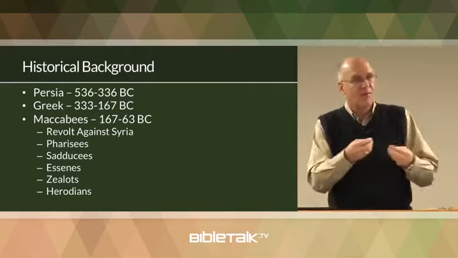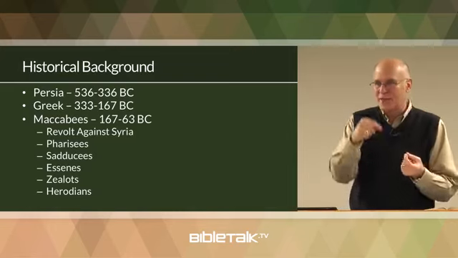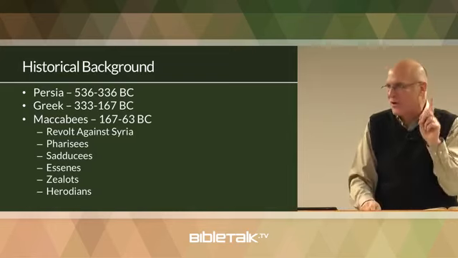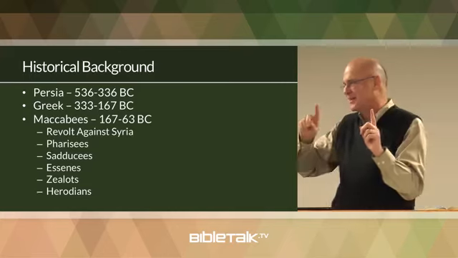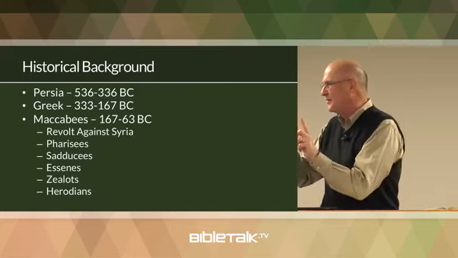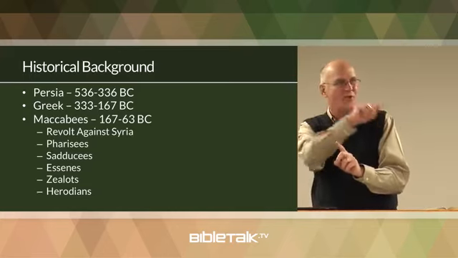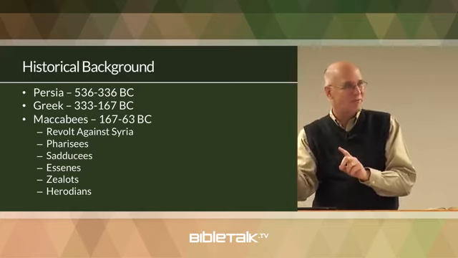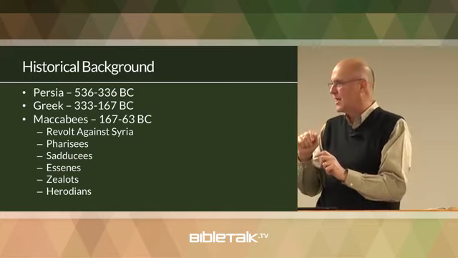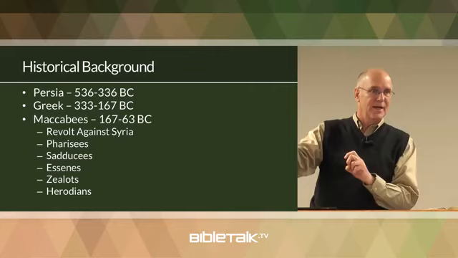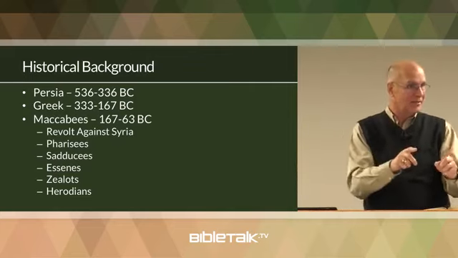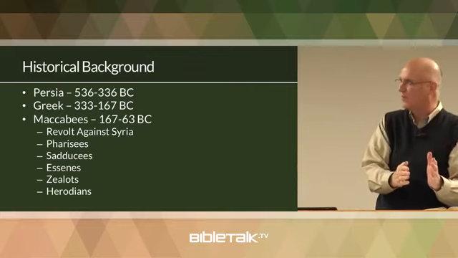So that's where they come from. Now if you understand that idea of how they started, it gives you great insight into how they became, 100 years later, what they became during Jesus' time, because they were Jesus' greatest enemies. And yet at the beginning, they were the hero of the people.